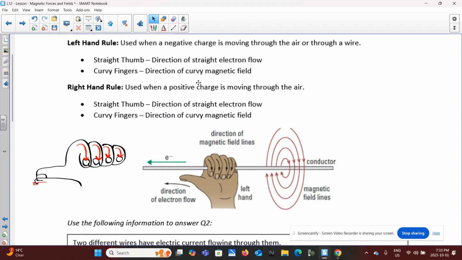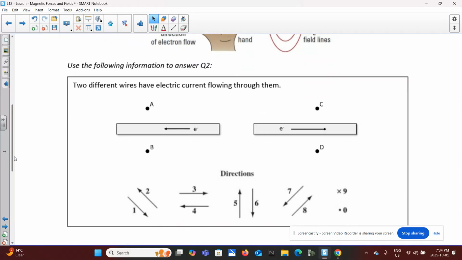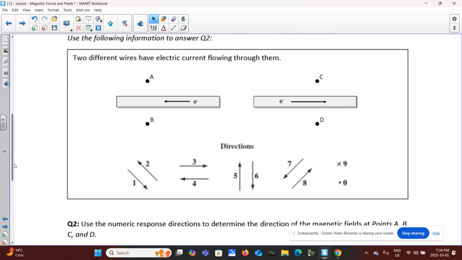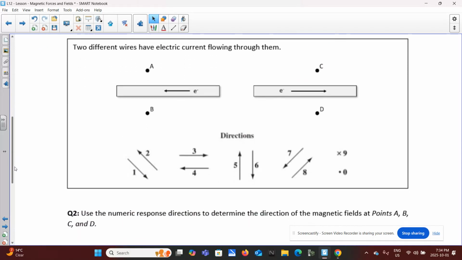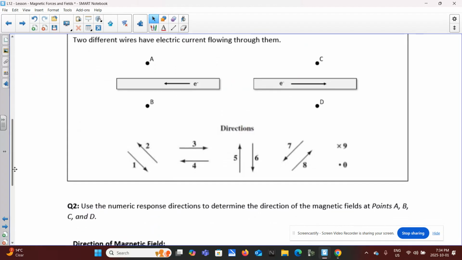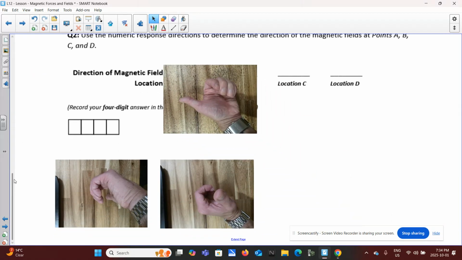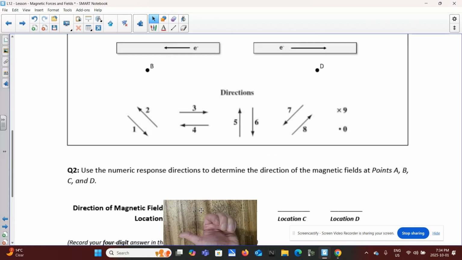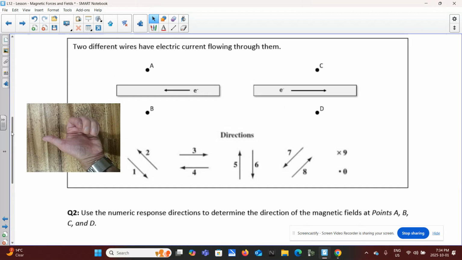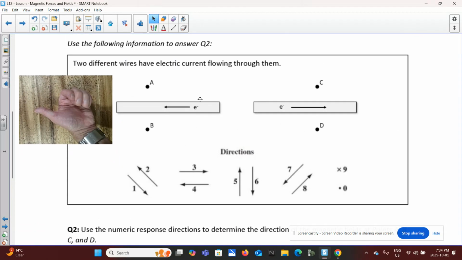Now, right-hand rule is going to be when I have a positive charge. Now, this is weird because we get questions like this. Two different wires have electric current flowing through them. Using the number of directions above, determine the direction of the magnetic field at point A, B, C, D. So what I'm going to do is grab this hand right here. In this case, my current is going there.